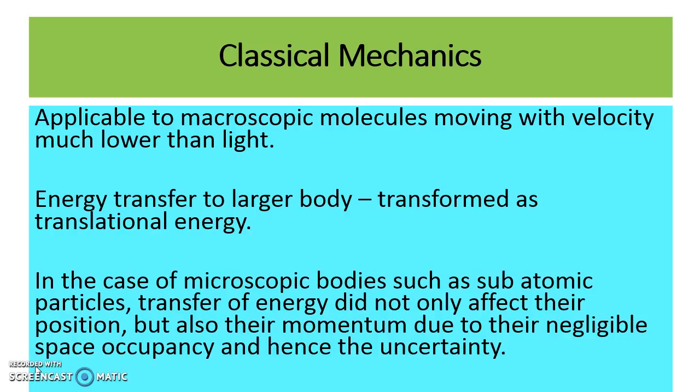So when we attempt to measure the momentum of a small particle with 100% certainty, it tends to increase the uncertainty associated with the position of the body. This is otherwise known as the uncertainty principle, proposed by Heisenberg. It is known as Heisenberg's uncertainty principle.